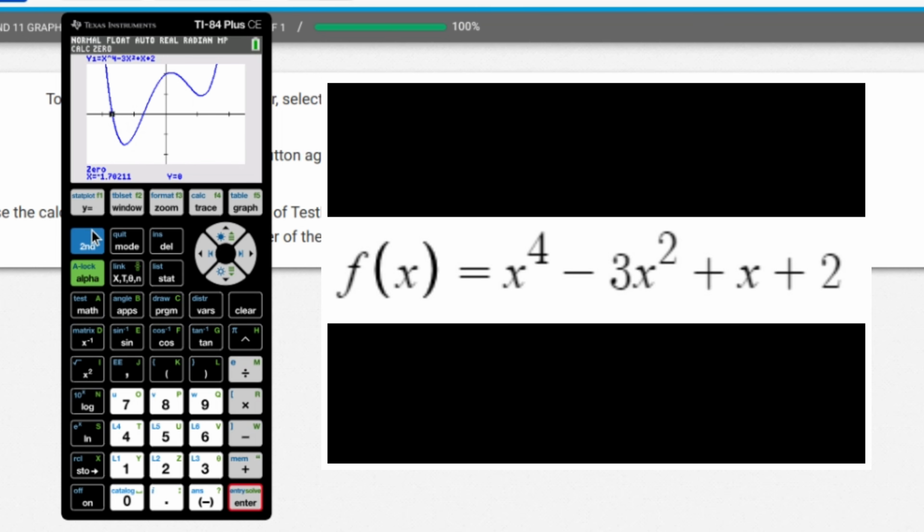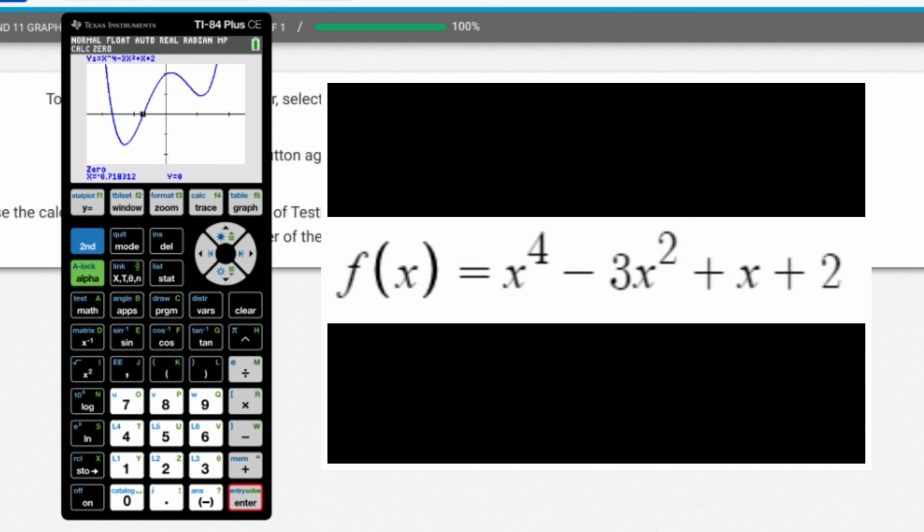Let's find the other one. Second, calc, hit zero, go to the right, hit enter, go to the right some more, hit enter. Our zero is in between that interval that was just created, so hit enter for guess, and I have -0.7183.